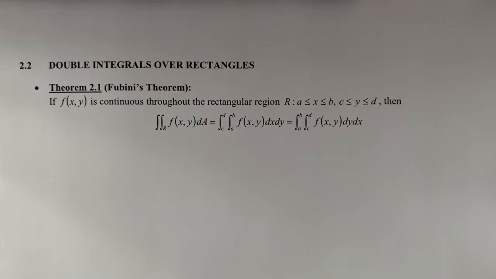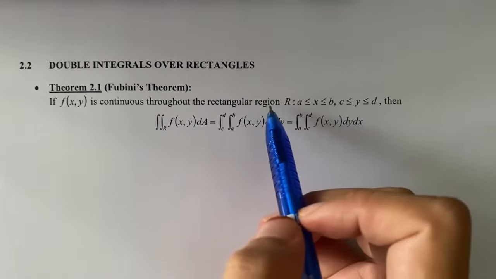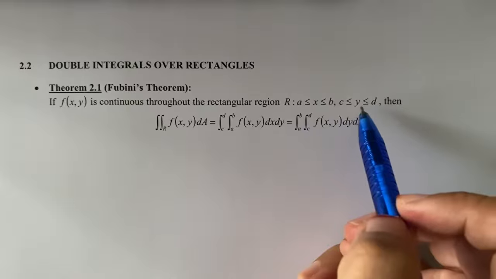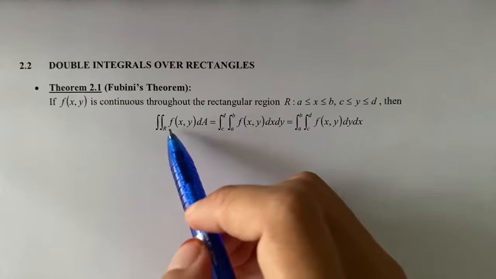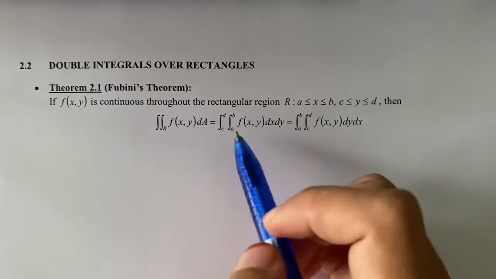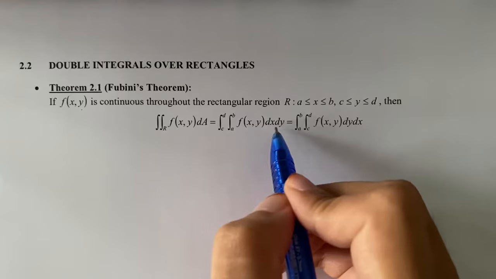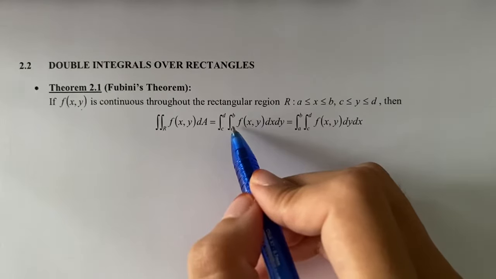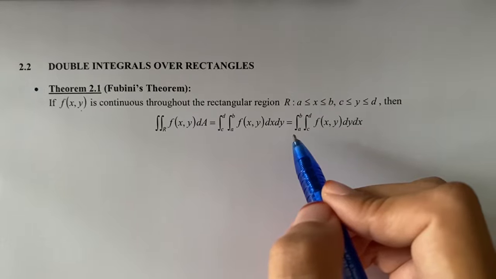It states that if f(x,y) is continuous throughout the rectangular region R, with x from a to b and y from c to d, then the double integration of the function f(x,y) can be taken either as dx dy or dy dx with the correct limits of x and y. So this explains why the previous examples have the same value, which is 54.